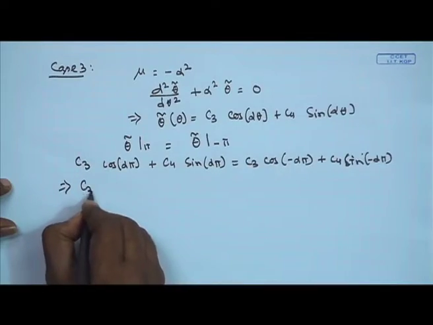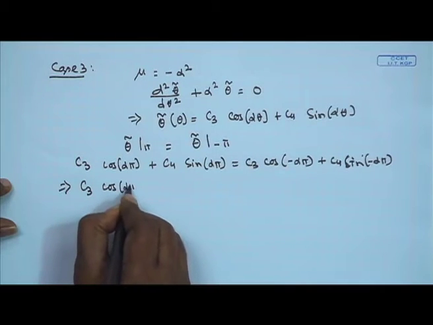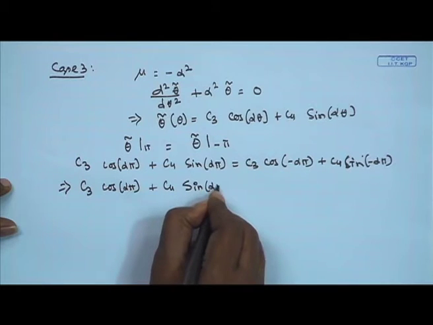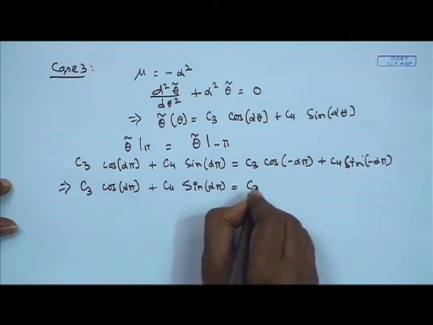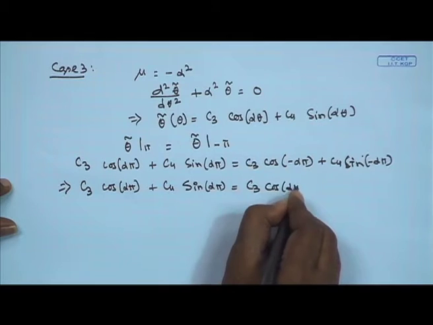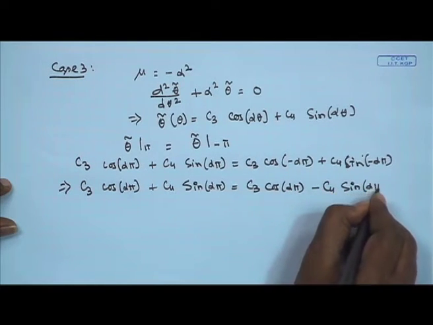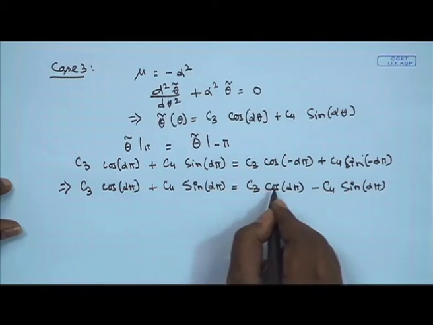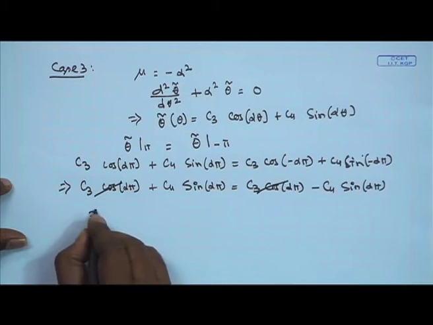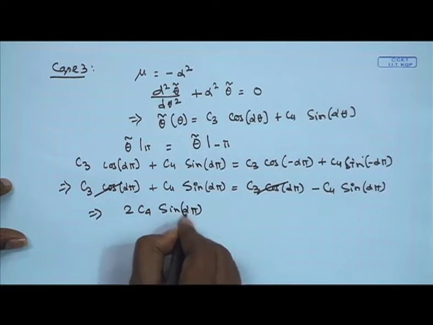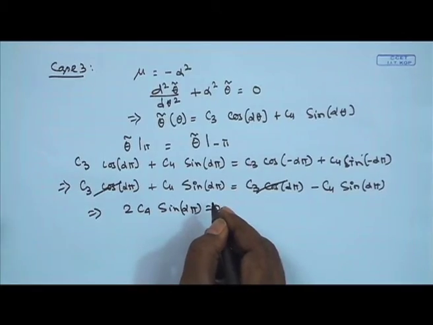So this will be C3 cosine απ plus C4 sin απ is equal to C3 cosine απ minus C4 sin απ. So C3 cosine απ will be cancelling from both sides. So what is left is 2 C4 sin απ is equal to 0. Now in order to have a non-trivial solution, C4 must not be equal to 0.